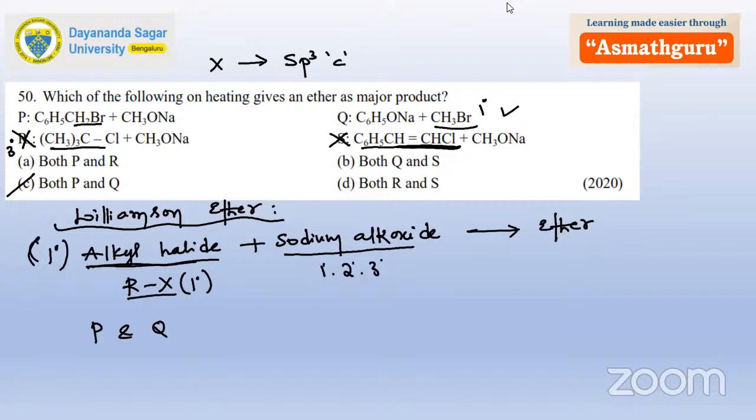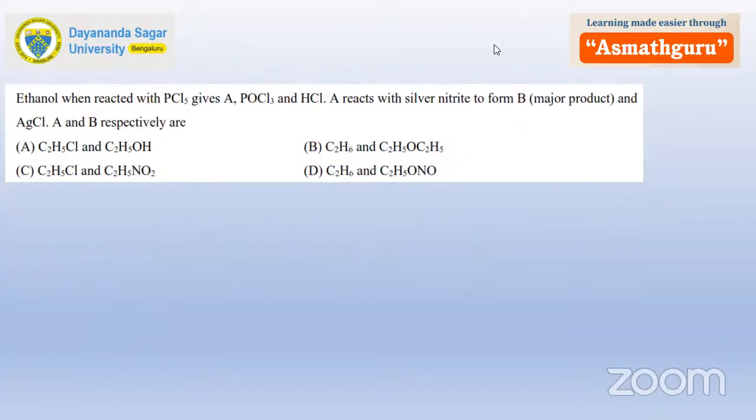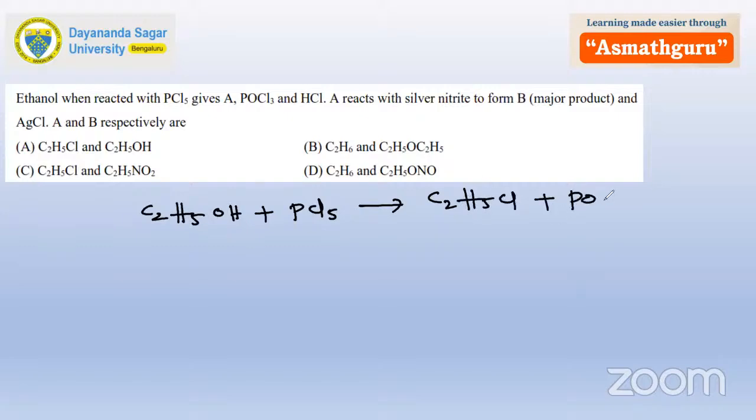Ethanol, when it reacts with PCl5, gives A. What is ethanol? C2H5OH. This is also a previous year question. C2H5OH reacts with PCl5 and you get C2H5Cl plus POCl3 plus HCl. So A is ethyl chloride.